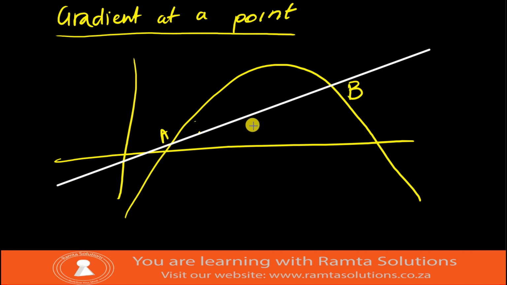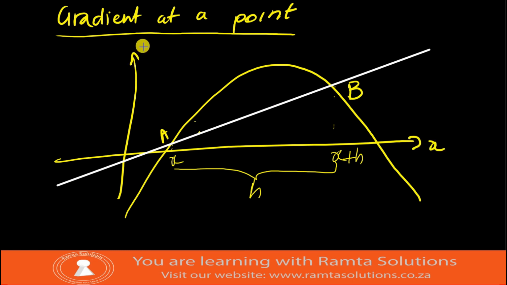But now we want to find the gradient at this point. I'm going to call this point X, and this one here X plus H. As usual, this means the length here is H, while this curve is called f of x.